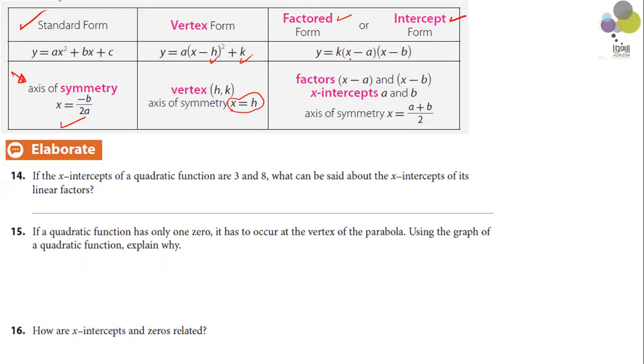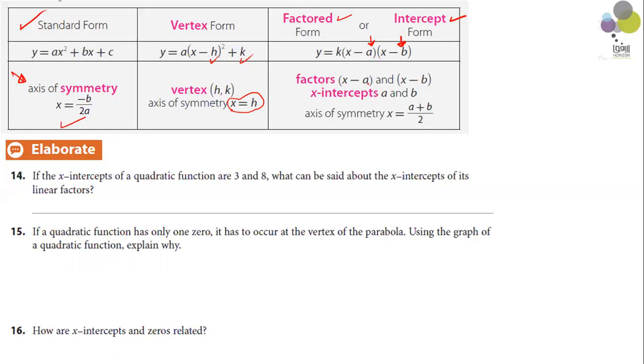K multiplied by x minus a. This is the first factor. A is the first zero, and this is the second zero, b. These two numbers, a and b, will be zeros of the function.